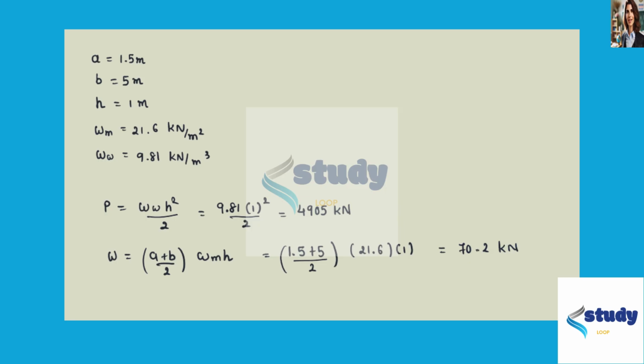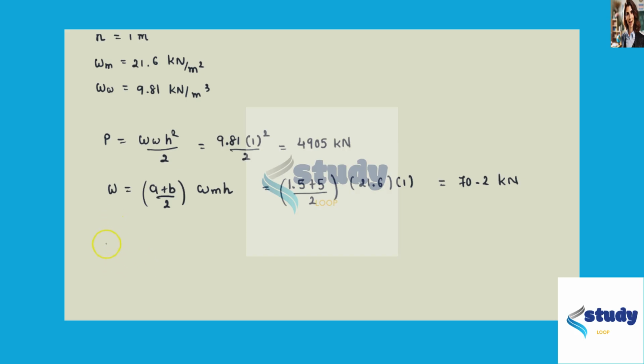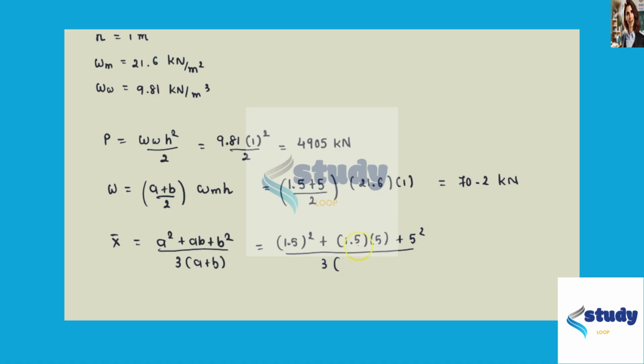Now we can also find the value of the centroid. We can write the centroid X bar, which is equal to (A square plus AB plus B square) divided by 3 multiplied by (A plus B), so it becomes 1.5 square plus 1.5 multiplied by 5 plus 5 square, divided by 3 multiplied by (1.5 plus 5).